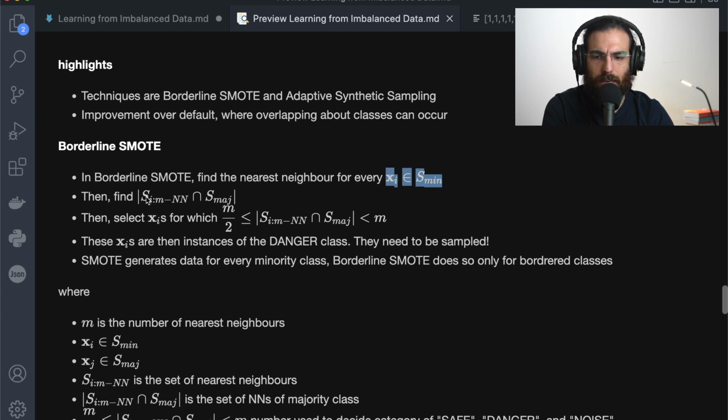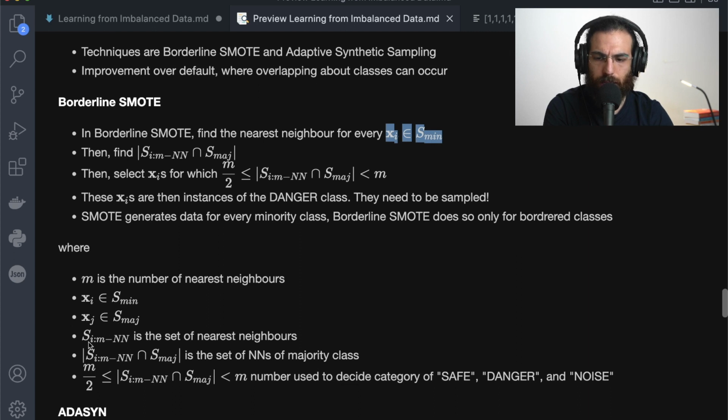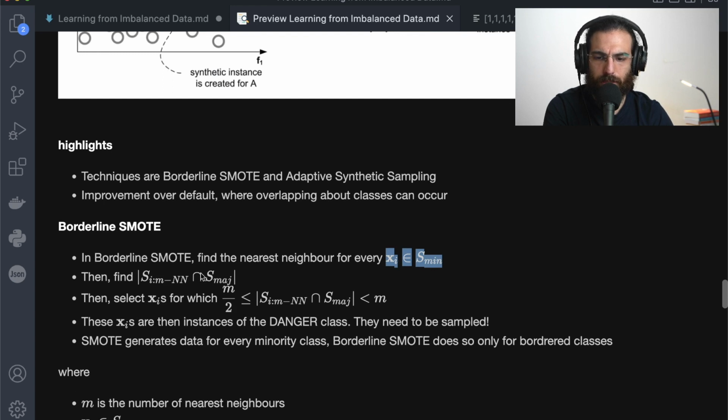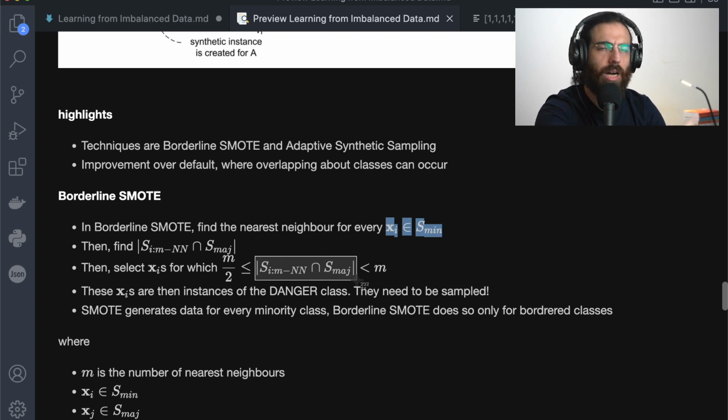Let me double check the syntax here. This S subscript i, m minus n, is the set of nearest neighbors. So what we want to do is produce a set. This is the cap, the intersection symbol. We take the intersection of the nearest neighbors and members of the majority class. Basically, we want to know how many neighbors of this minority observation are members of the majority class.